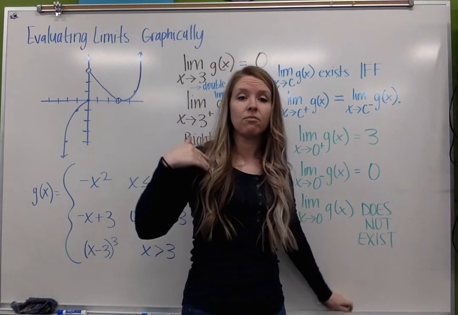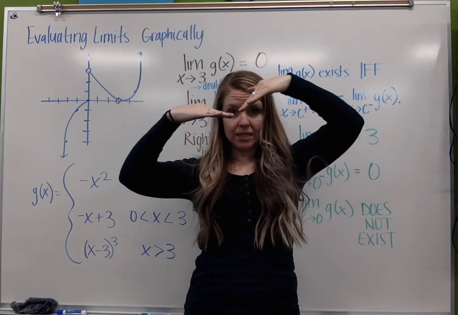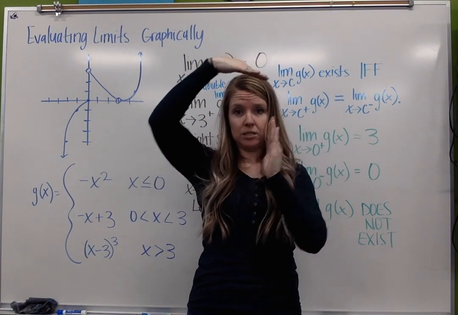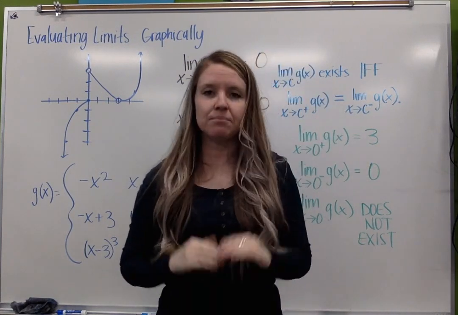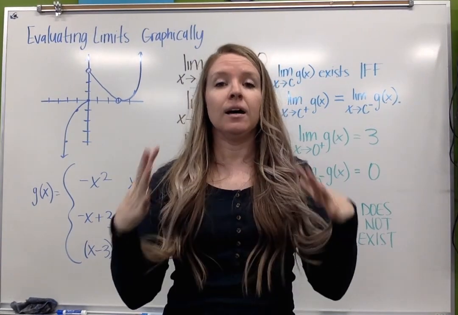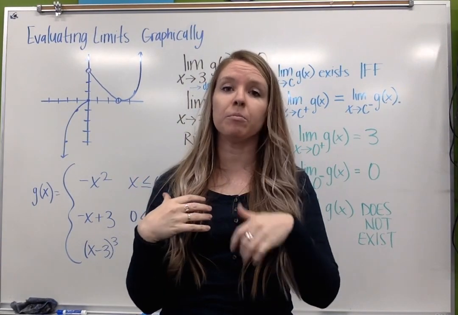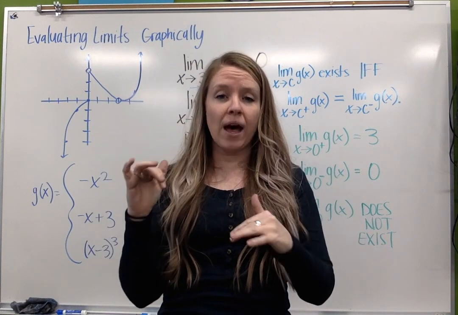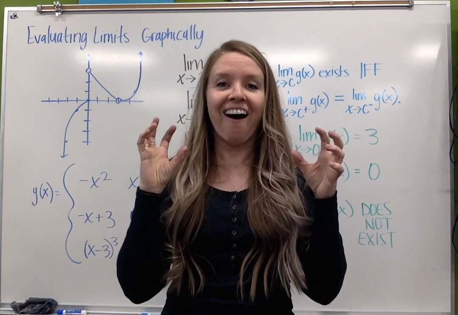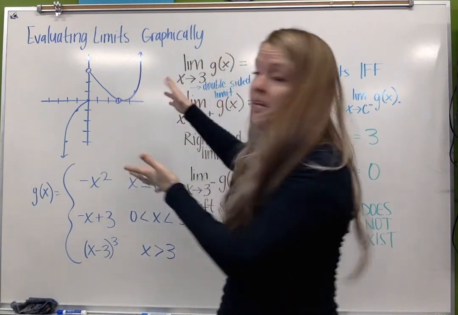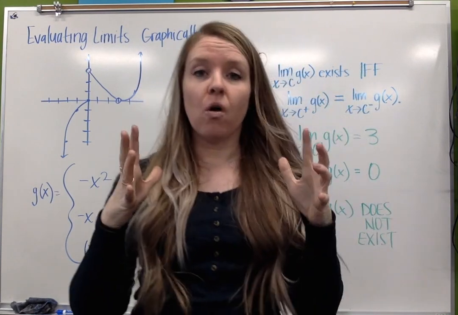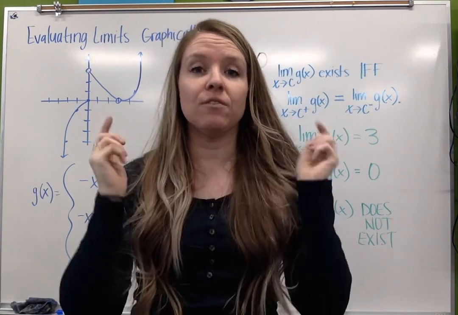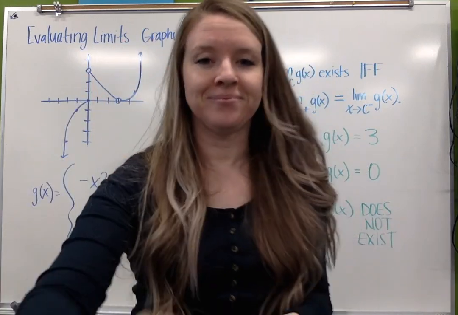If the left side and the right side limit do not meet at the same point, then that limit does not exist. On your homework, you should now be prepared. I think it starts around 1921. Those questions are approached using graphs, so go on and evaluate those limits. If you have questions, shoot me an email.